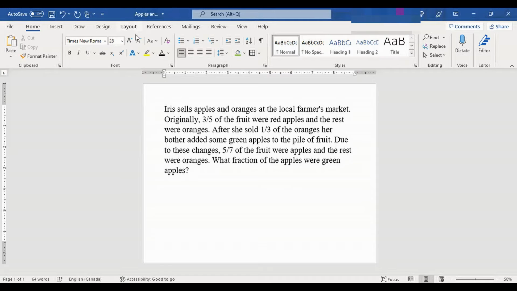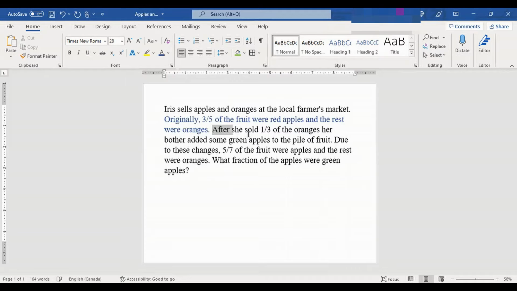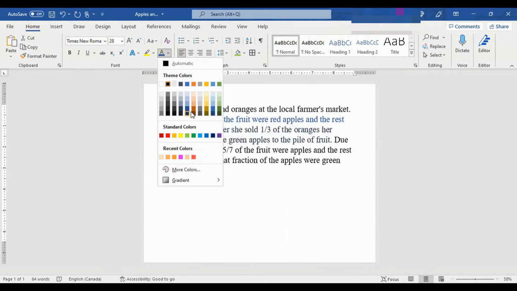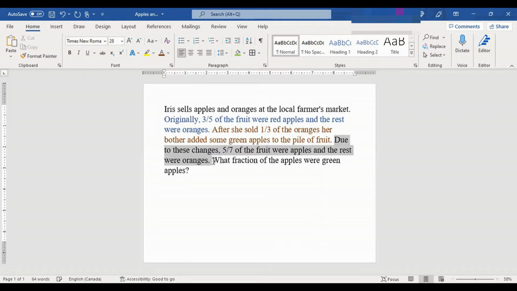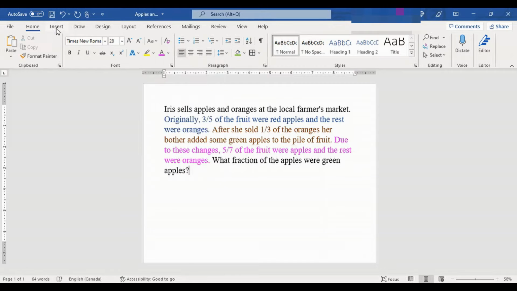Okay, so to do this question, as usual, we are going to make the important parts of the question different colors, and very distinct colors as to not distract us. There.